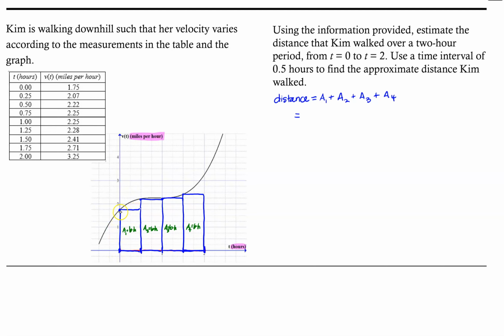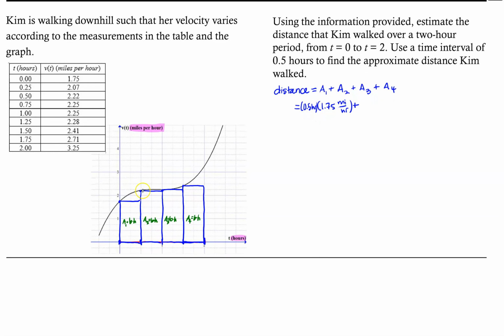So the velocity at time 0 is 1.75. So the height of that rectangle is 1.75 miles per hour, and the base of that rectangle is half an hour, or 0.5 hours. So 0.5 hours times 1.75 miles per hour. That's the area of rectangle 1, plus for rectangle 2, the height is the velocity at 0.5 hours.